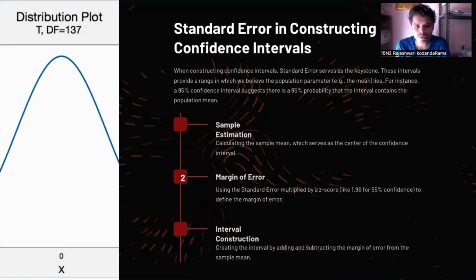The sample estimate: calculate the sample mean, which serves as the center of the confidence interval. Margin of error: using the standard error, multiply by a Z score like 1.96 for 95% confidence to define the margin of error. Then interval construction: create the interval by adding and subtracting the margin of error from the sample mean.